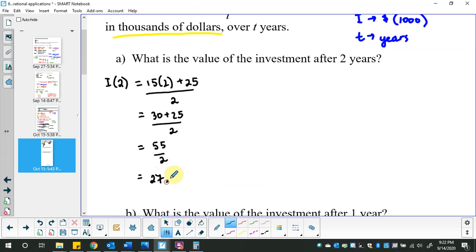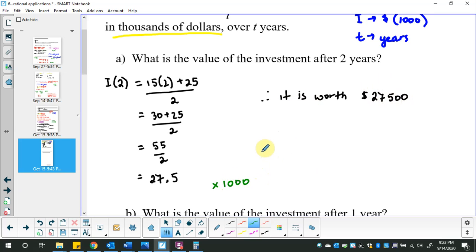That does not mean we have $27.50. That means it is worth $27,500. So that looks like this. You would have to take that and times it by 1,000.